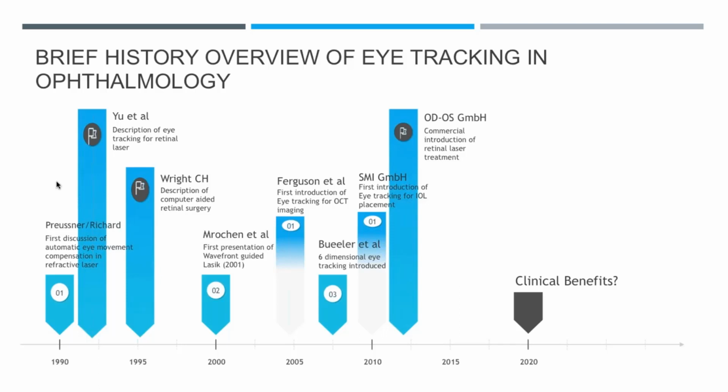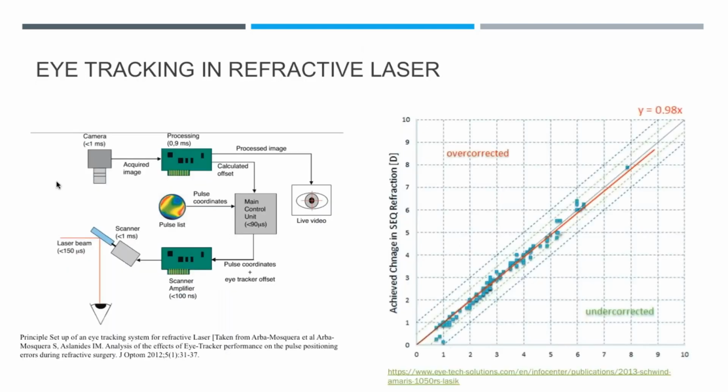And of course, we are asking and looking into all the clinical benefits of this approach and what this technology has given us over time. So here is a scheme of how eye tracking works for the anterior segment of the eye and tracks the eye movement during refractive surgery.